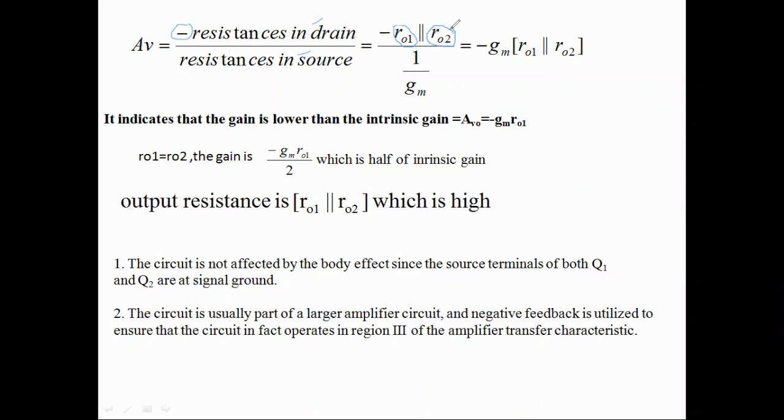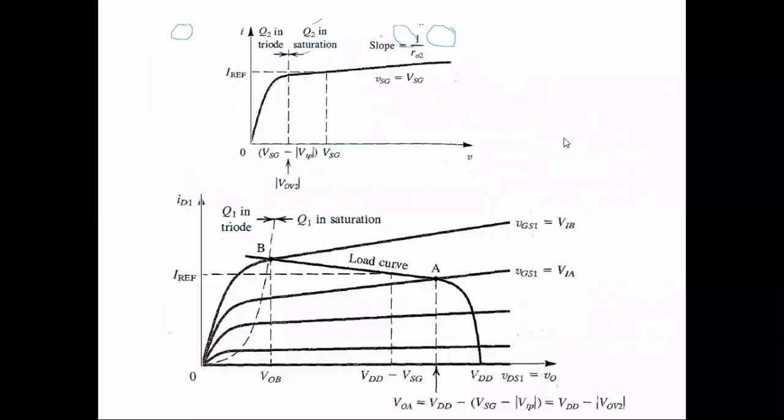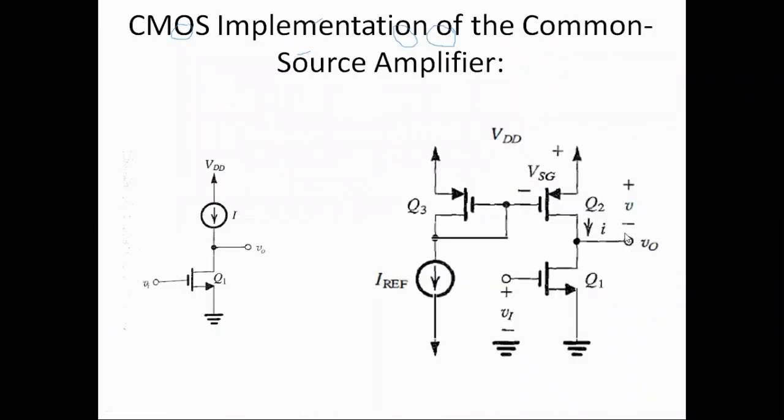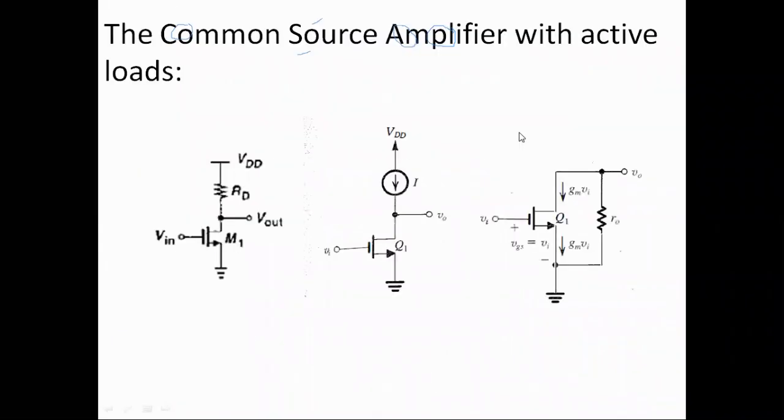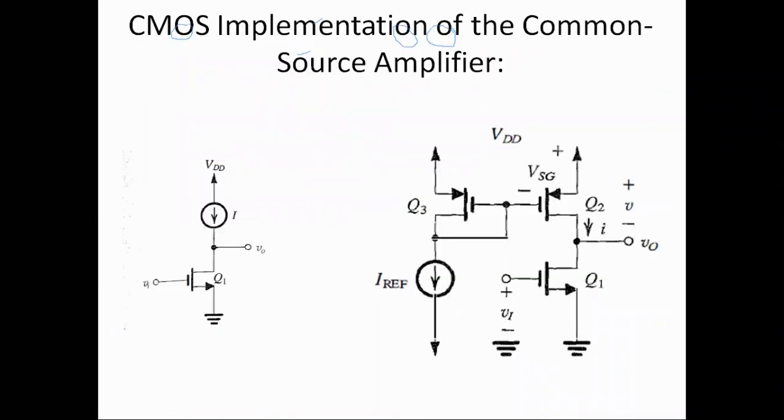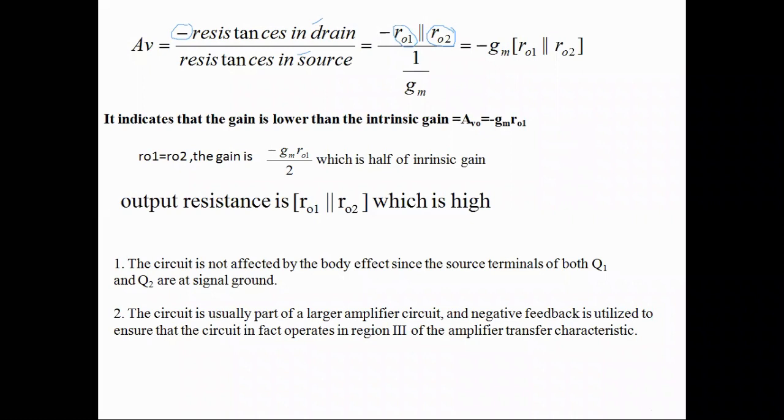If you write the AC circuit, those two are in parallel. That acts as the drain resistance of Q1. Now, the resistance looking at the source of Q1 is 1 over gm.